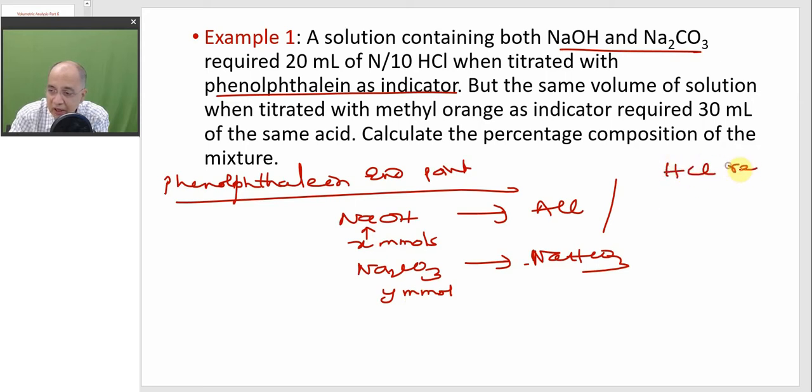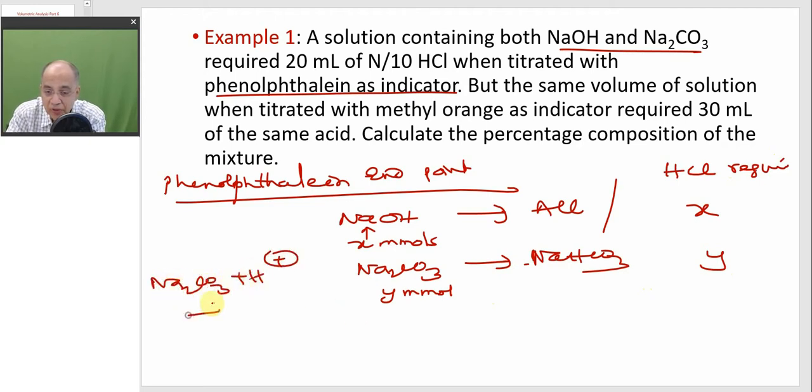The number of moles of HCl required for this is X, and for this also it is Y, not 2Y or half Y, because if you go for the balanced equation, you find 1:1.